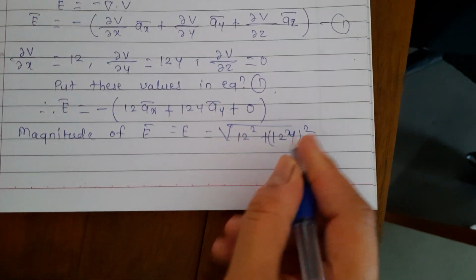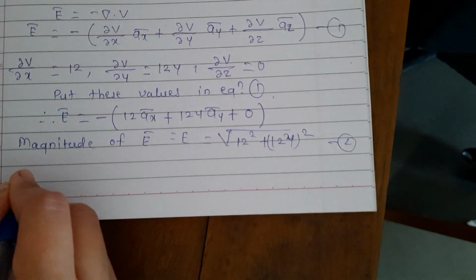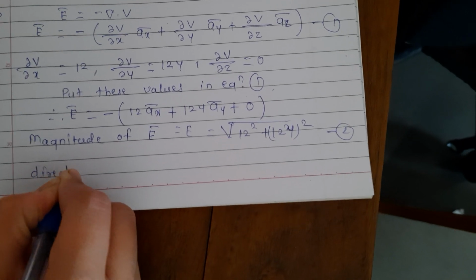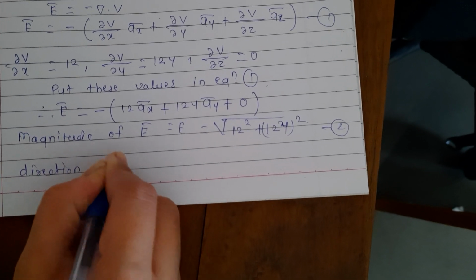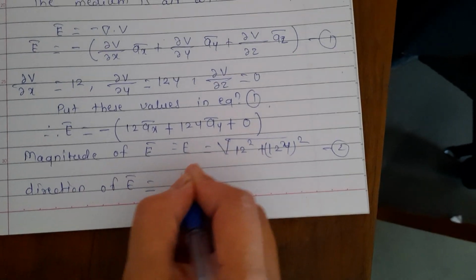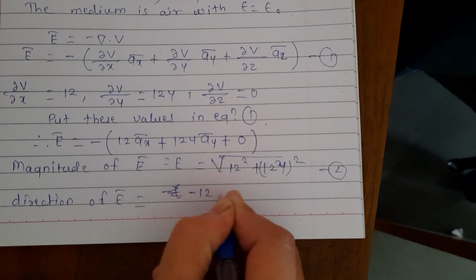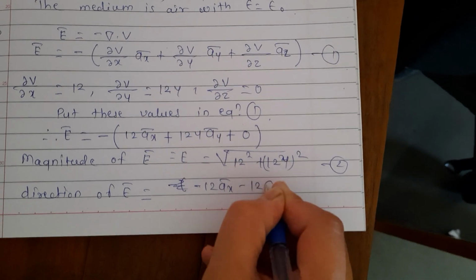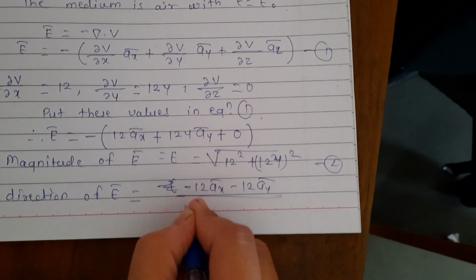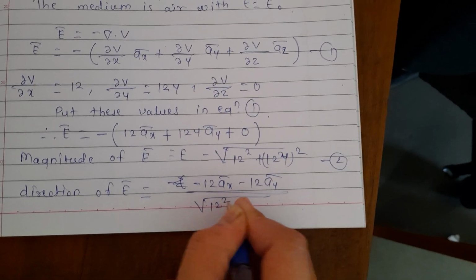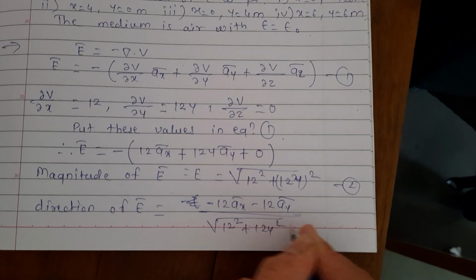Okay, this is equation 2. And direction of E bar, that is the unit vector, so it is minus 12ax bar minus 12y ay bar divided by square root of 12 square plus 12y square, this is equation 3.